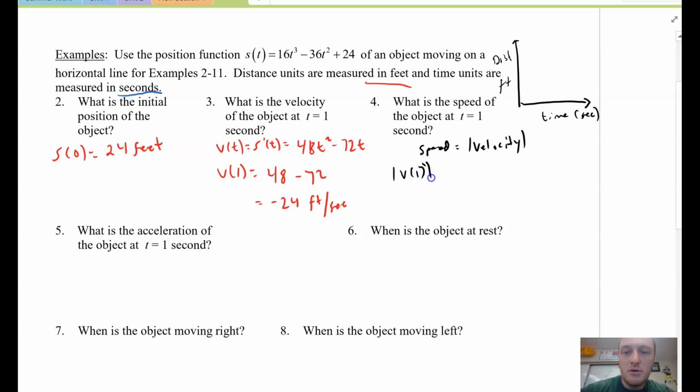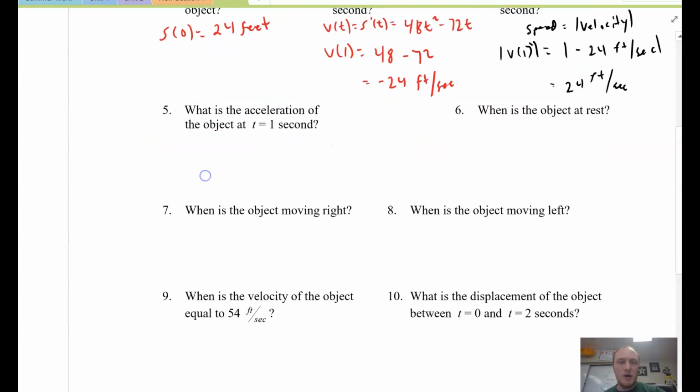So this is equal to the absolute value of negative 24 feet per second. So this is 24 feet per second. That's the speed of the object.